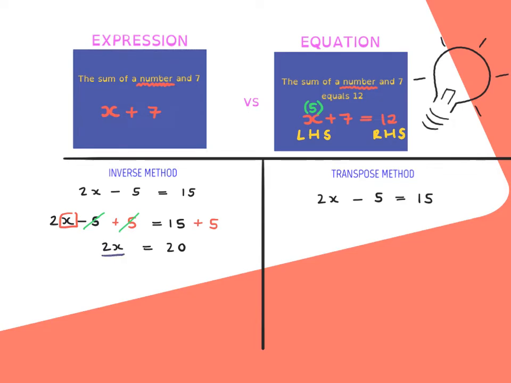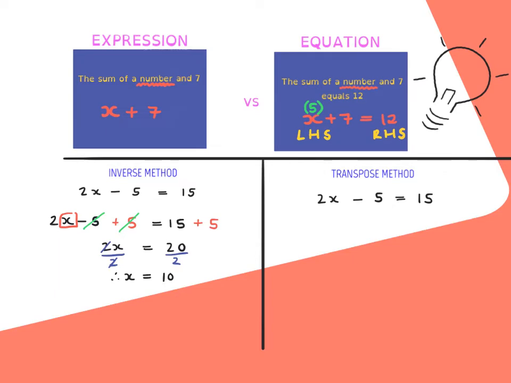If I divide this by 2, the 2s cancel each other out and you're just left with x. Perfect. Remember though, if I divide the left-hand side by 2, I also need to divide the right-hand side by 2. If I do something to the left-hand side of the equation, I must do the exact same thing on the right-hand side. So if I divide 20 by 2, I get that x is equal to 10.